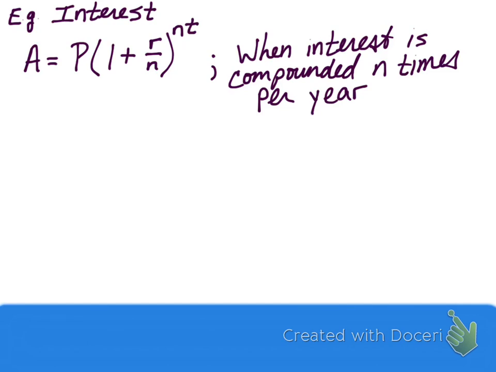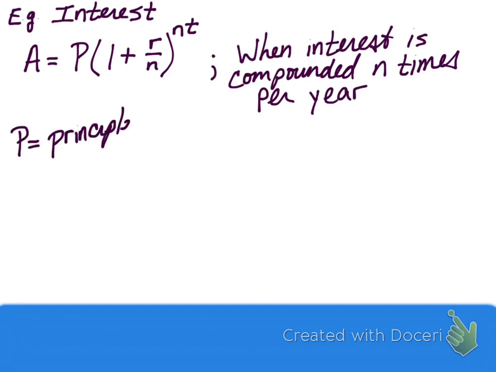And this is calculating the interest when we compound the interest n times per year. So sometimes you hear things like the interest is calculated once a year, and that would be n equals 1. Or maybe they calculate the interest every month, which would be n equals 12, because that would be 12 times per year.